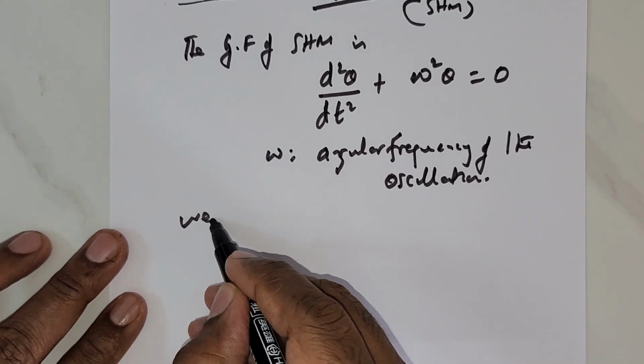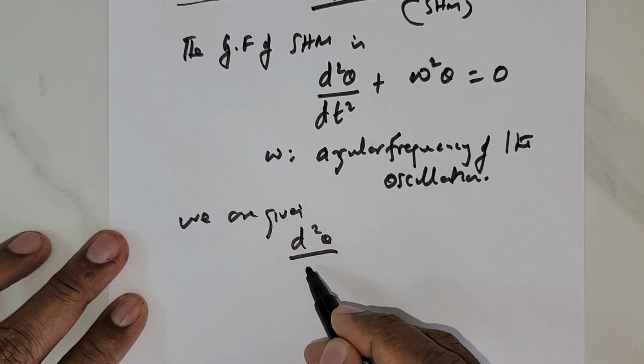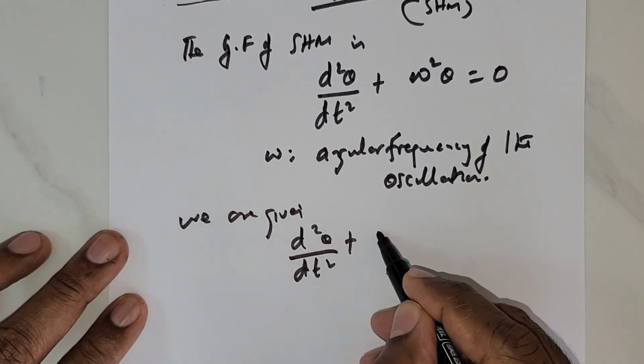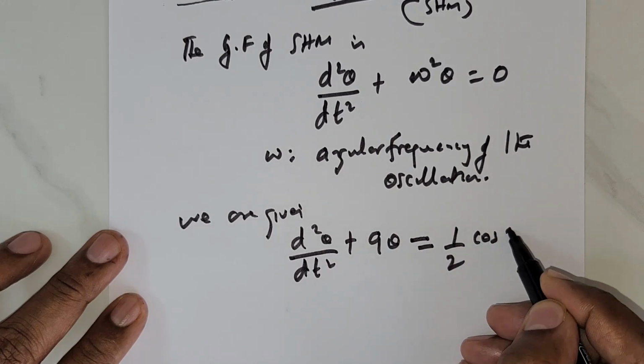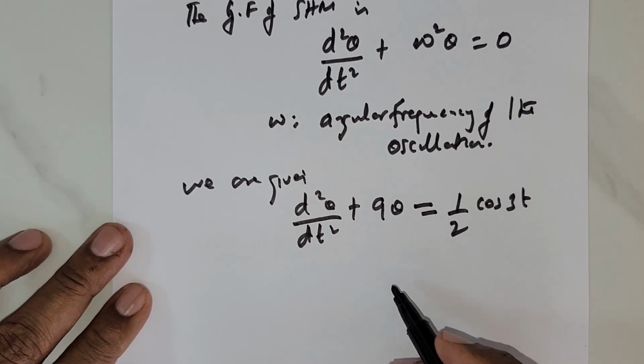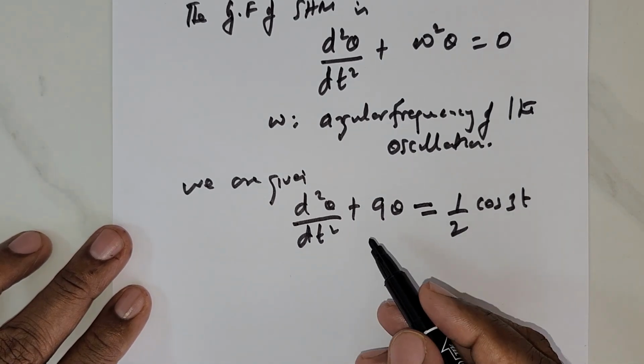Now what are we given? We are given d square theta over dt squared plus 9 theta is equal to 1 over 2 times cos 3t. This is what is given to us as a differential equation of the pendulum.